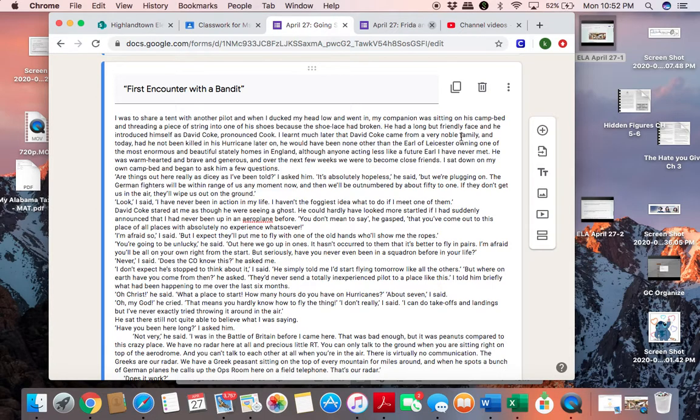So noble means rich, as we can tell here, owning one of the most enormous and beautiful stately homes in England. If we don't know what the word noble means, we could look for explanation later in this sentence that tells us basically that he's rich. He has a very large and beautiful home in England.